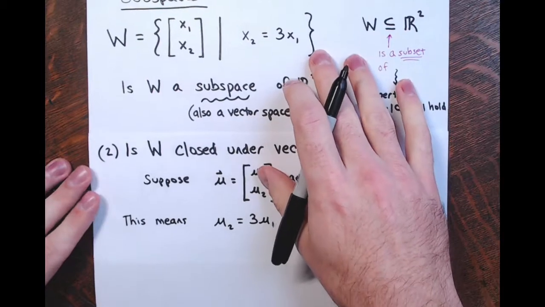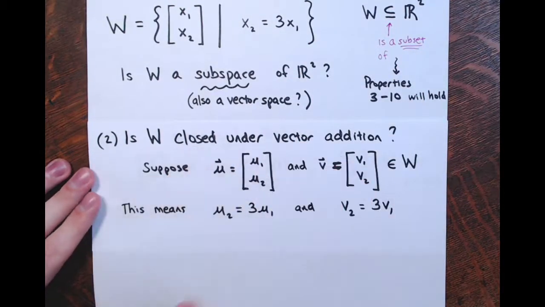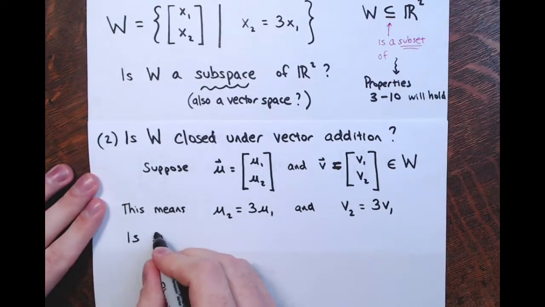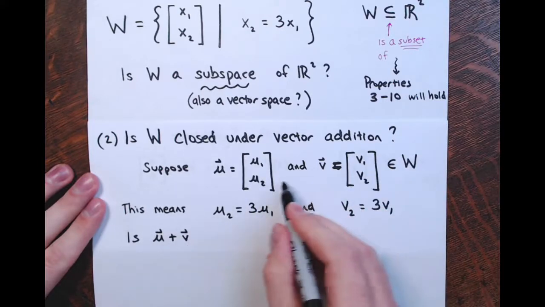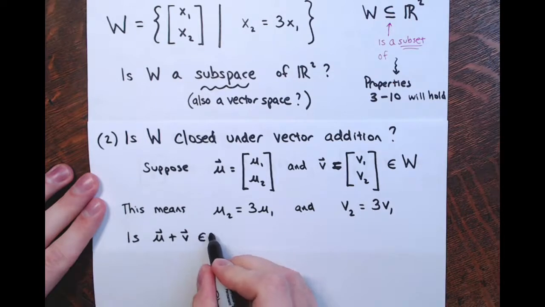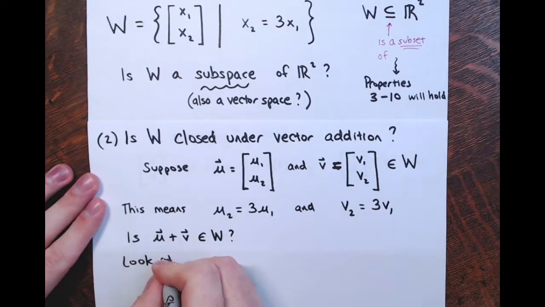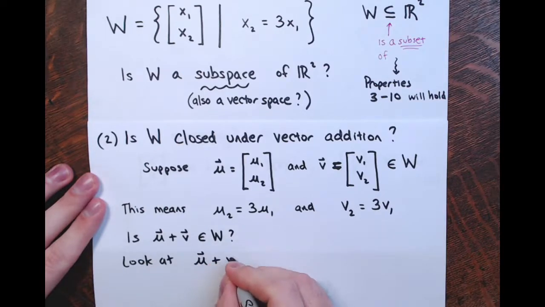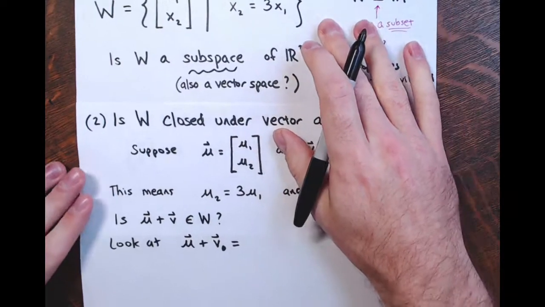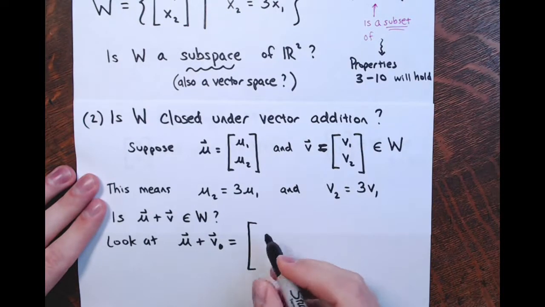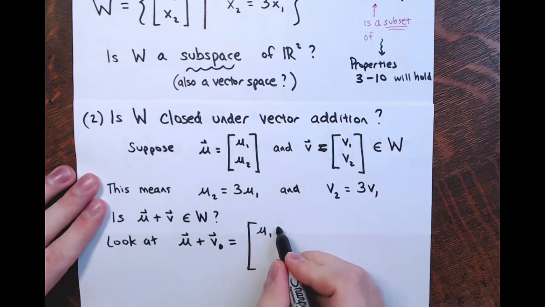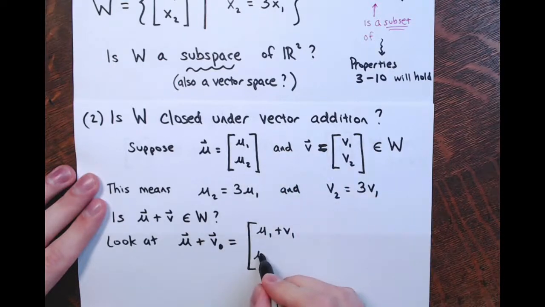Now, the question is, is W closed under vector addition? That's the same thing as asking, is U plus V, the sum of these two vectors, also in W? Same question. So let's look at U plus V. Using the way vector addition is defined, U plus V has a first component of U1 plus V1 and a second component of U2 plus V2.